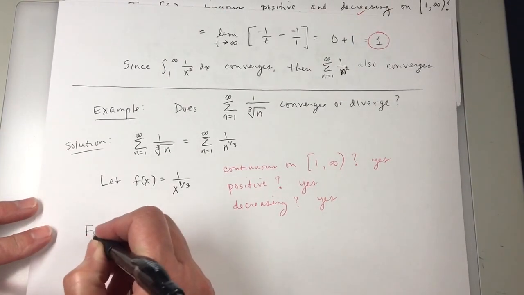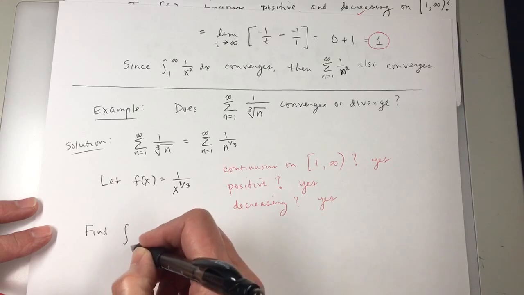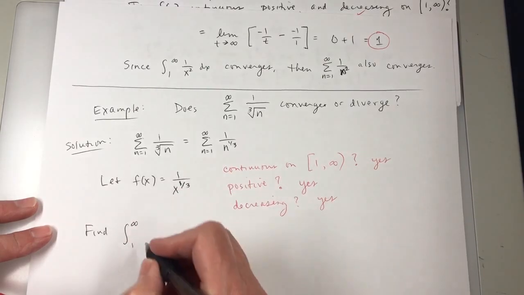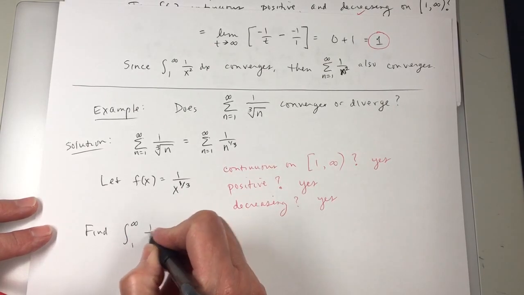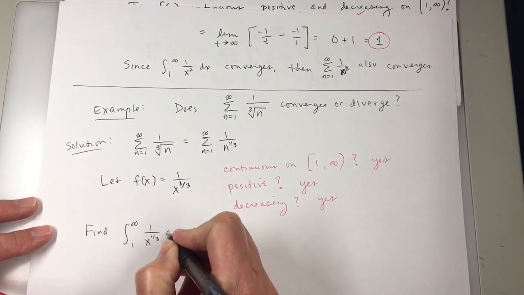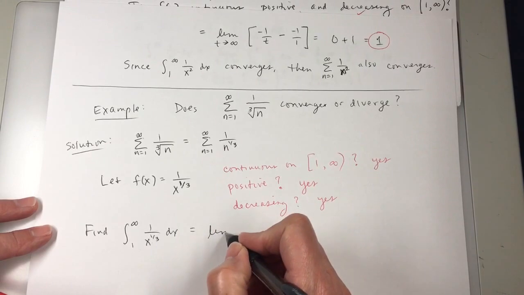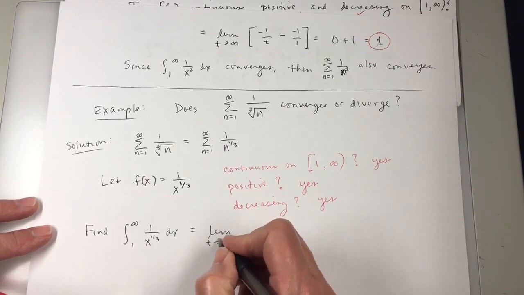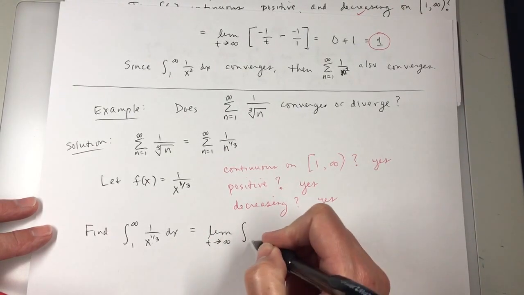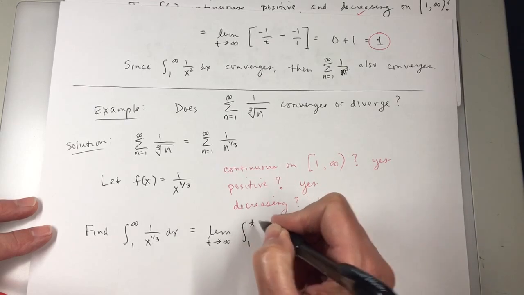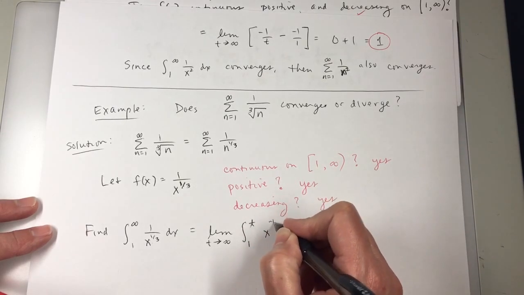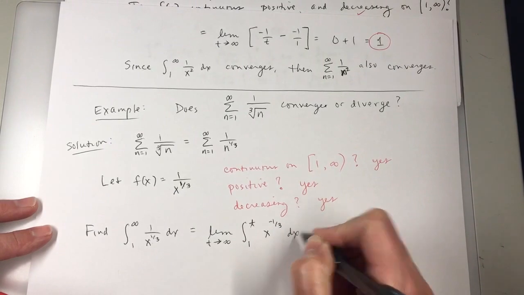So we'll find the integral from 1 to infinity of 1 over x to the 1/3 dx. I will write that as the limit as t approaches infinity, the integral from 1 to t, and I'm going to just go ahead and say x to the negative 1/3 dx.